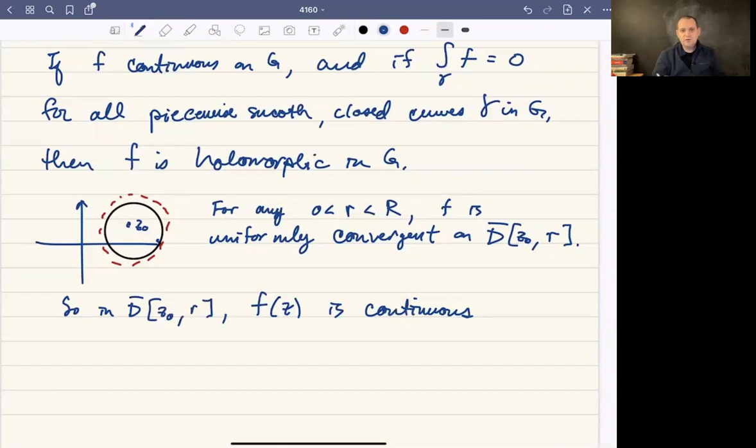In other words, uniform convergence implies continuity. This is something that we talked about in chapter 7. So that gives us continuity of this power series. Okay, so that's the first thing.